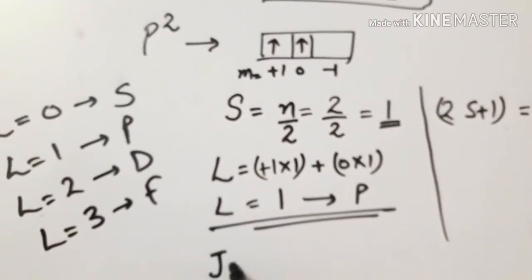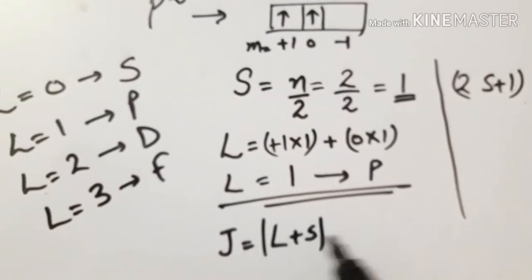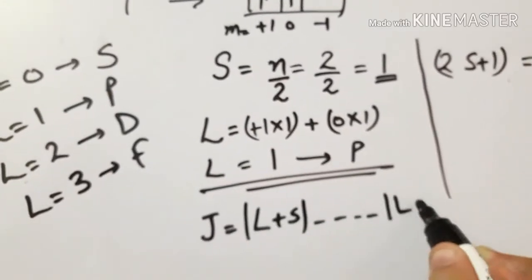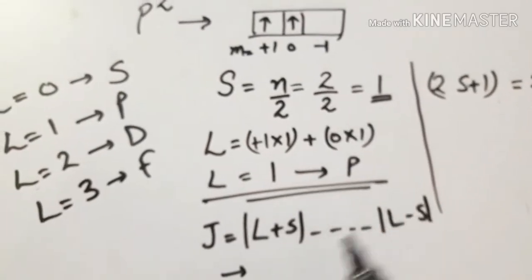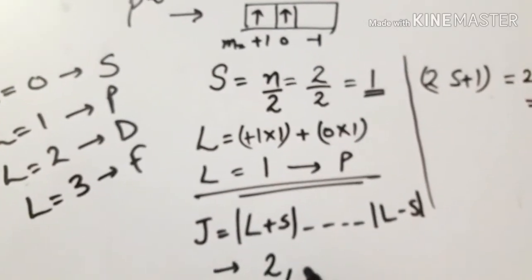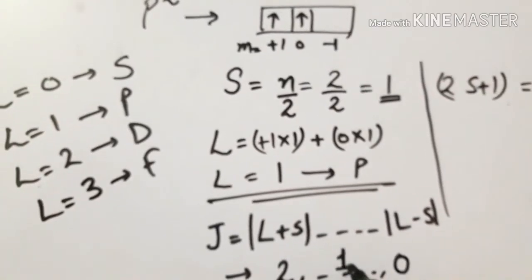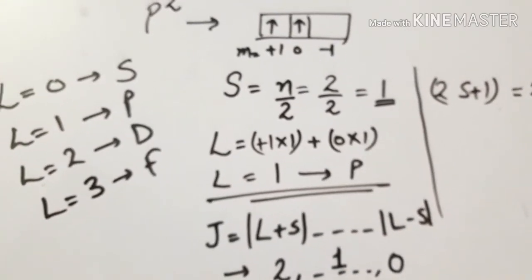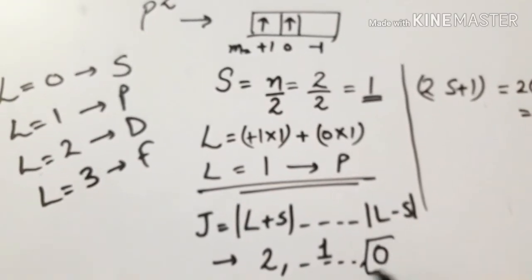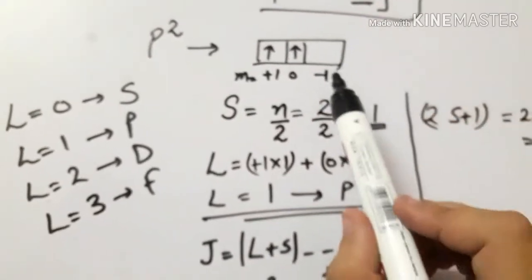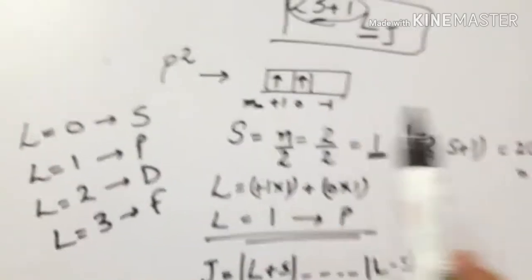Now to find J, we have modulus of L plus S to modulus of L minus S. Here L plus S is 2 and L minus S is 0. So this is 2, 1 and 0. We will take the lowest value of J, because we have here a less than half filled electronic configuration.